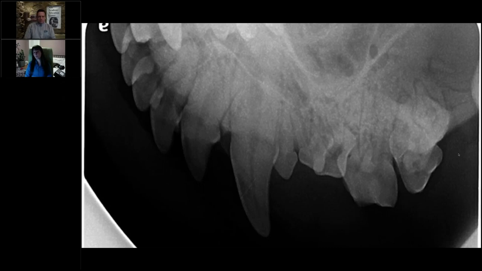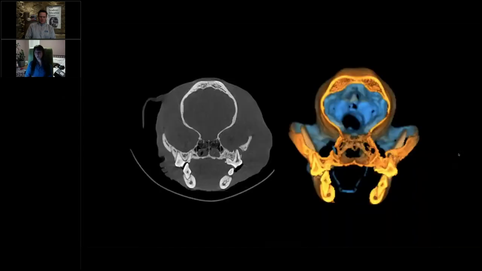So again, this is a case where I was just really happy to have this technology. We put him in the cone beam, and believe it or not, it actually was not the 4th premolar, it was the 1st molar on the left-hand side that was causing this abscess. And it's clear as day on these coronal images. This is the 3D reconstruction, but there was absolutely no question in any of our minds that was the cause of the abscess.